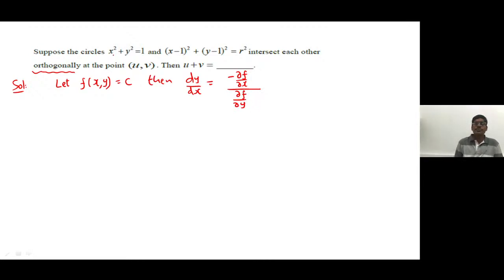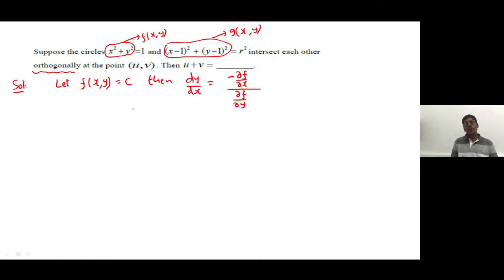I want to denote x square plus y square as a function f of x comma y, with 1 as the constant, and x minus 1 whole square plus y minus 1 whole square by another function g of x comma y. There are two functions given with right side constants.